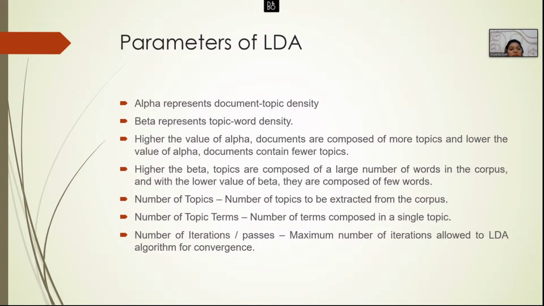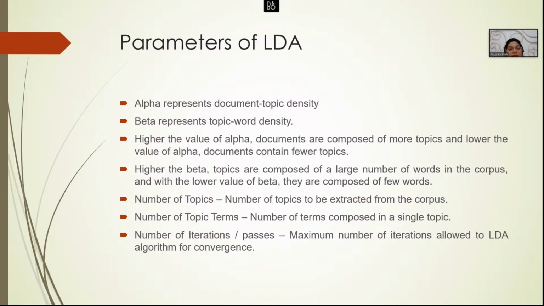So if your value of alpha is more, then it means that I have a lot of topics. In a group of documents which I feed to the LDA, if the value of alpha is higher, there are a lot of separate themes under which my documents fall, and they are talking of many things which may be mutually exclusive or not.